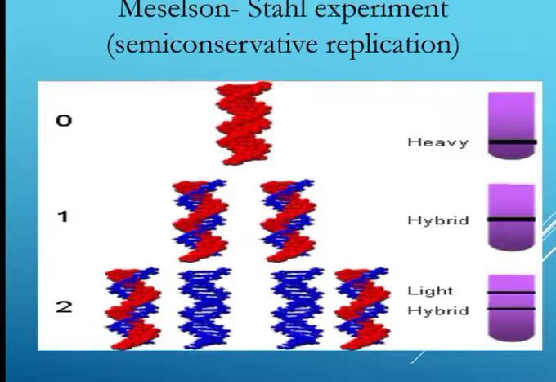What they did in this experiment is they grew many generations of E. coli in a medium that contained NH4Cl, where N15, the heavy isotope of nitrogen, was the only source of nitrogen.